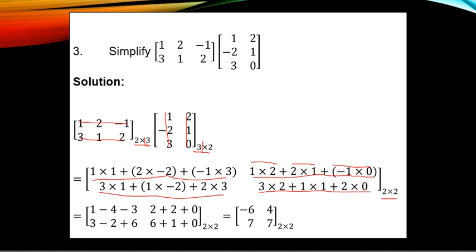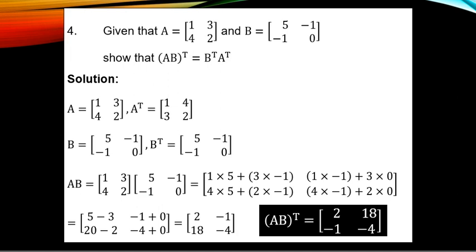By the time you multiply, you have this step here, and when you add and subtract, you have the matrix with entry minus 6, 4 as the first row, second row 7 and 7. Okay, so this is how you multiply.